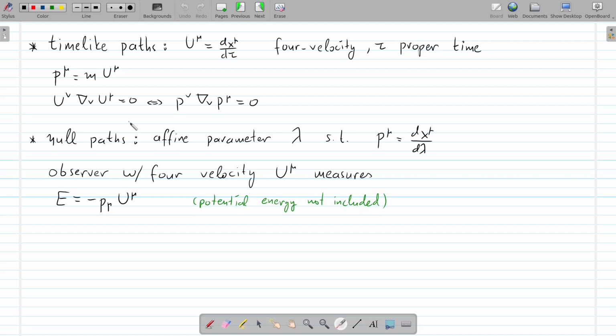Now if we have photons, they move on null paths, and for those geodesics, we pick a particular affine parameter such that dx/d lambda is giving the momentum of the corresponding photon. If we have an observer that has forward velocity u, we know that it measures the energy of that photon to be p mu u mu.